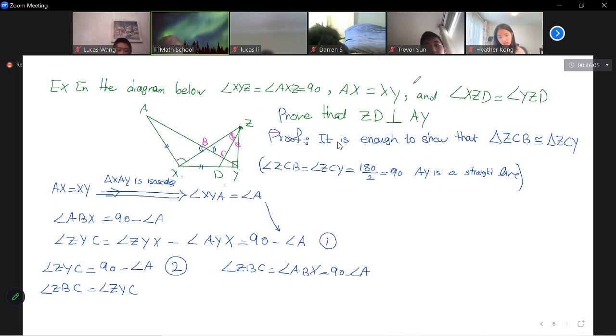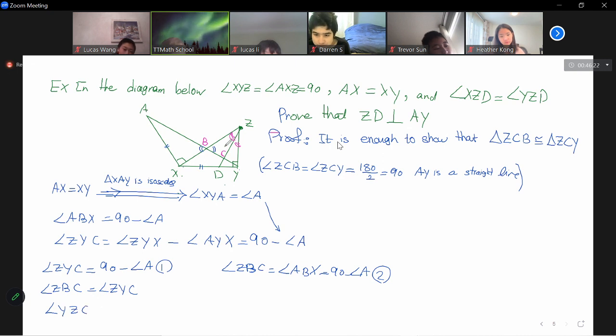If you want to be more clear, just write it this way. We call this one now 1 and the 2. From 1 and 2, the angles ZYC and ZBC are the same. So these two angles are the same. And how about the angle YZC?